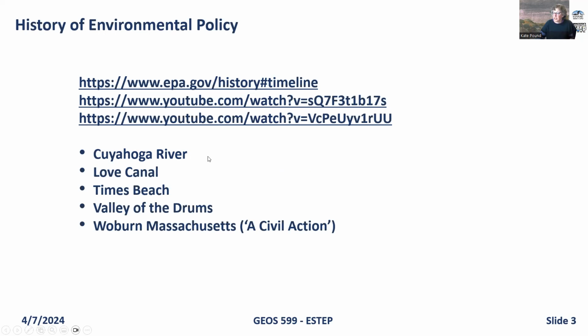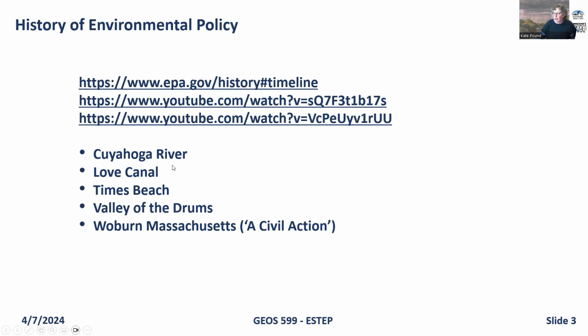There were a series of events that took place from the 50s through into the 60s that really spurred public action. The Cuyahoga River burning, an area called Love Canal, then Times Beach and Valley of the Drums.